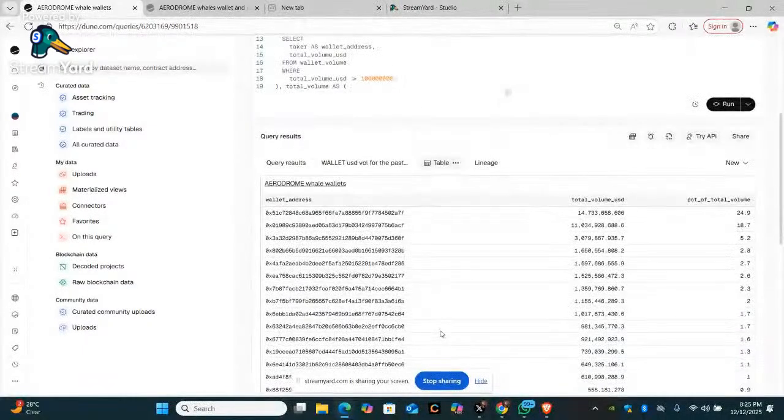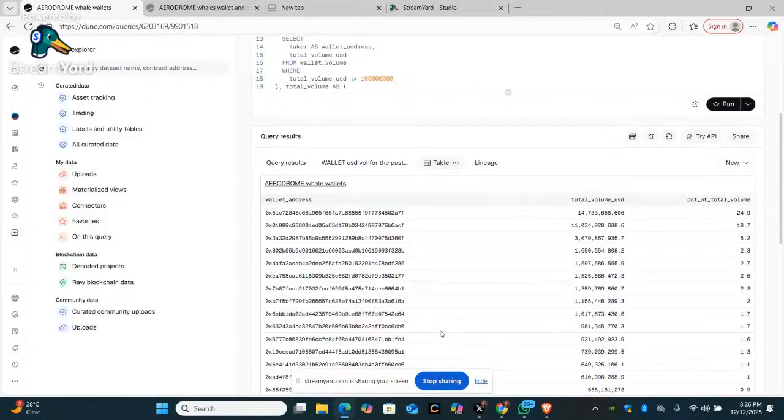Now, when in a protocol about 40% of liquidity holdings are within a certain wallet, or a certain number of wallets, it means that protocol is concentrated, meaning any action that happens in that DEX or protocol is controlled by just that wallet, or that group of wallets.